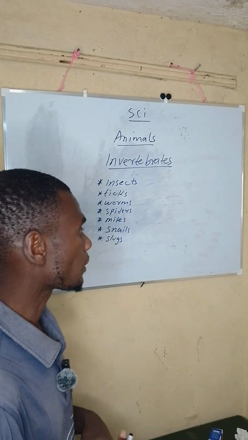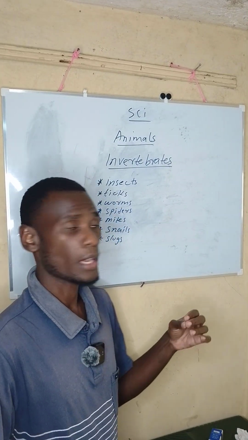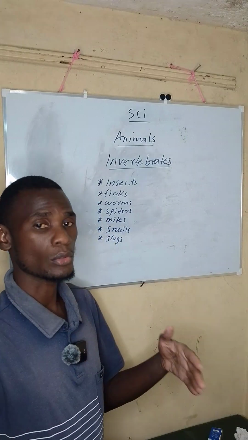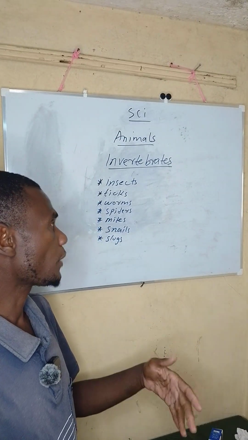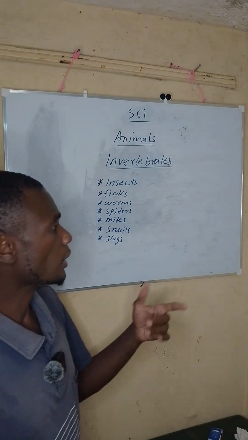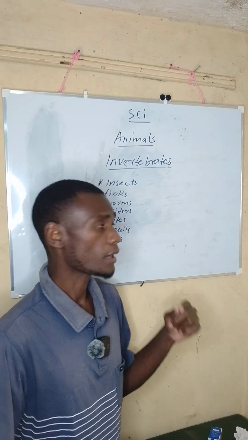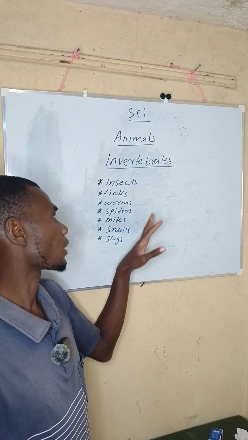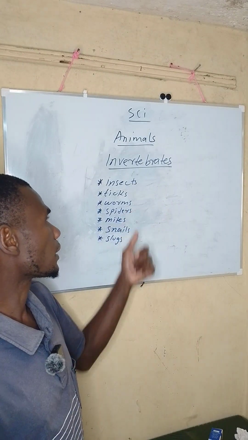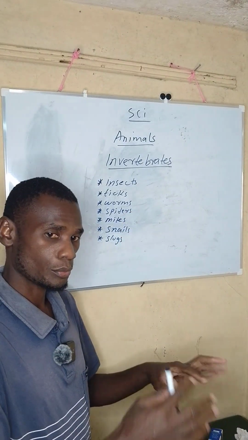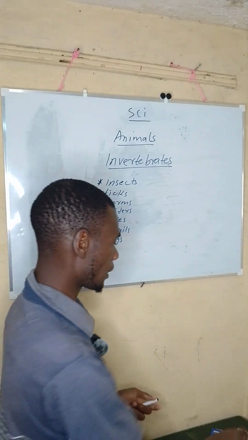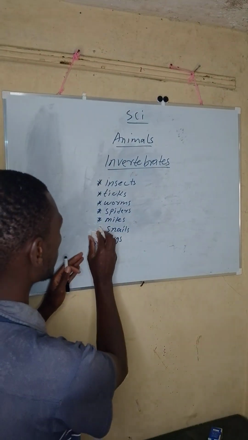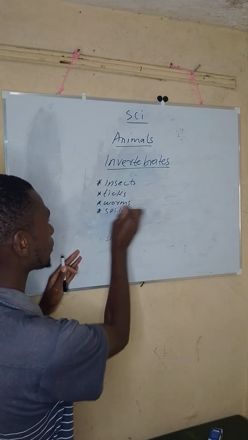Remember, vertebrates also was a very big group, and it was grouped into 5 main groups. So just the way vertebrates were classified, we are also going to classify these invertebrates according to their characteristics. So let us look at these groups.